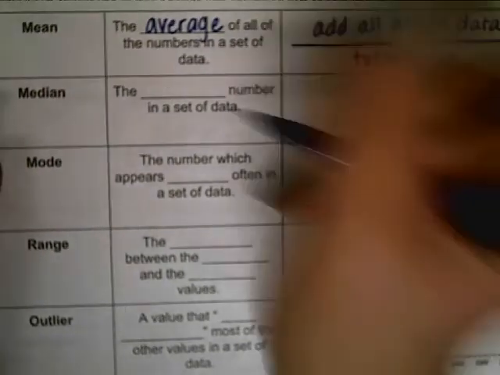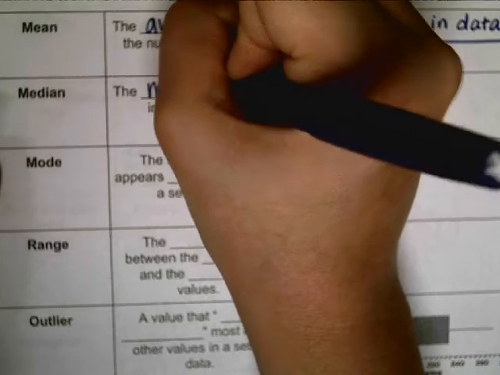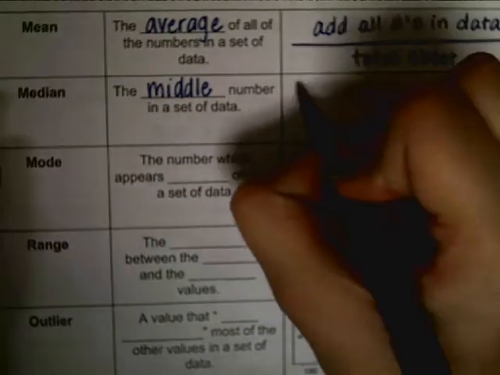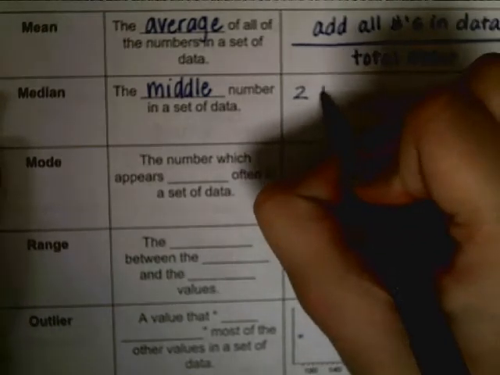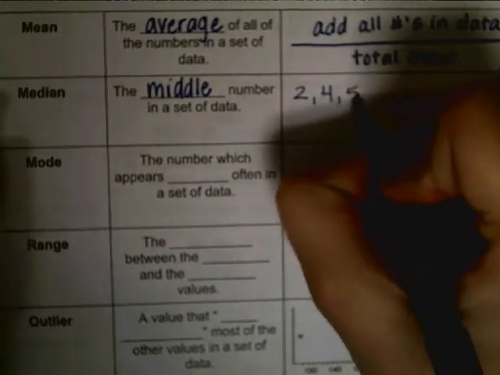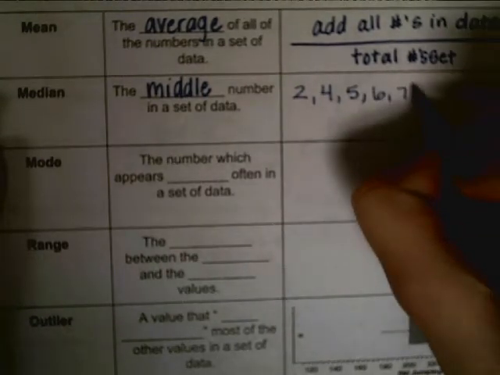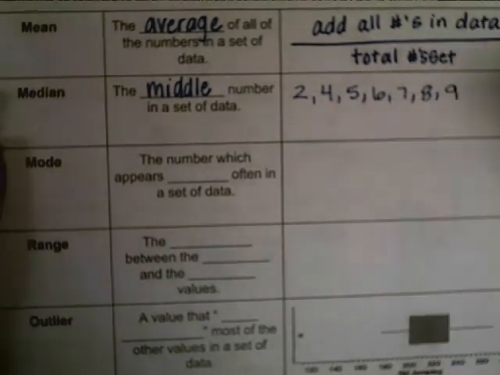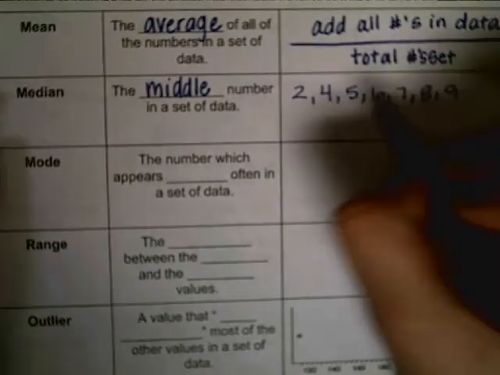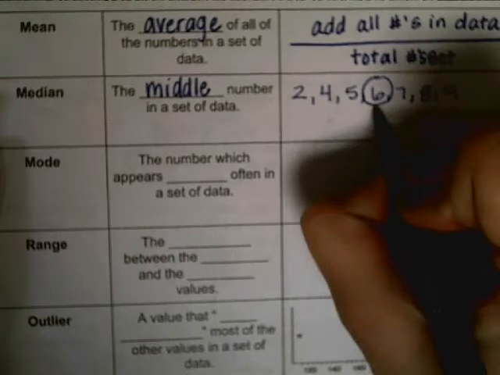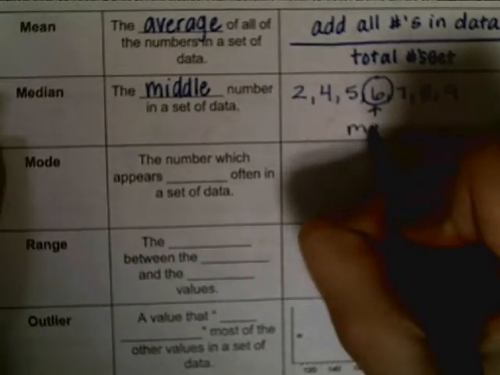Median, the middle number in the data set. So for example, if you had the numbers 2, 4, 5, 6, 7, 8, and 9. 6 is directly in the middle of these numbers, so 6 would represent your median.